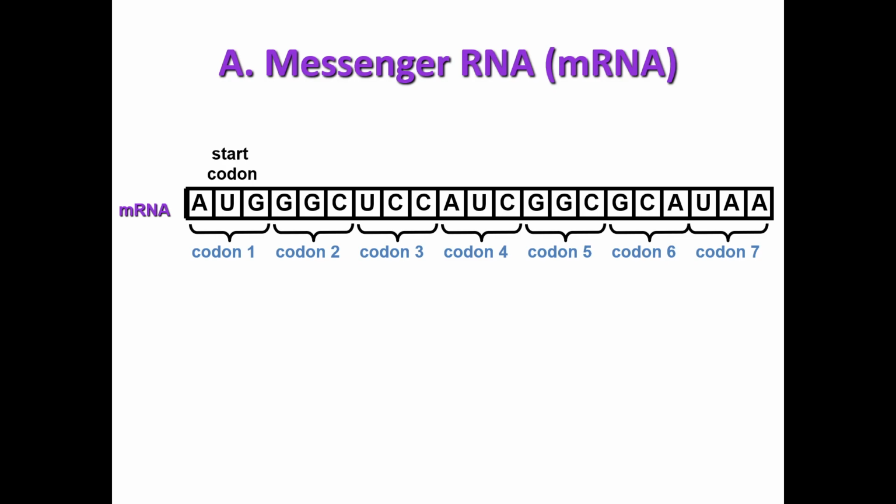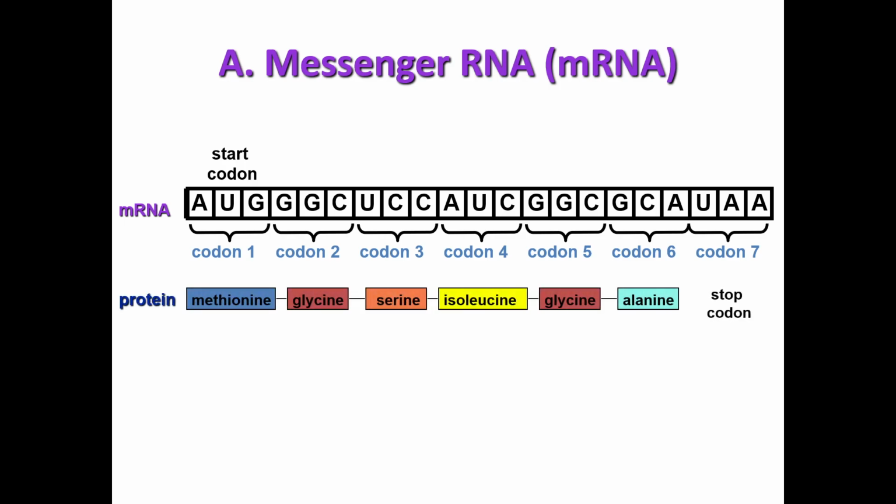So this is done by mRNA for the synthesis of the required protein, right? Now, see, I told you in the previous slides, AUG codes for methionine, similarly for glycine, similarly for serine, similarly for isoleucine, glycine, alanine, and when it comes here, UAA, it ends, so it is a stop codon.